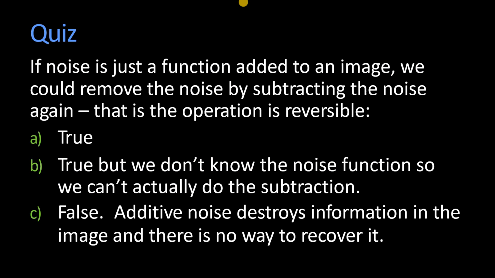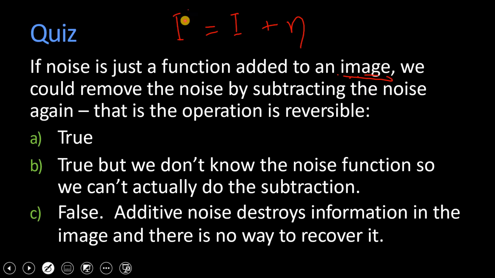So this was a quiz we discussed last time. If the noise is added to a function, if noise is just like any function which is added to an image, we can remove this noise by subtracting. So remember, if you remember that we discussed previously, I is an image, then noise is represented by this symbol, and this gives us the I prime or a modified image.